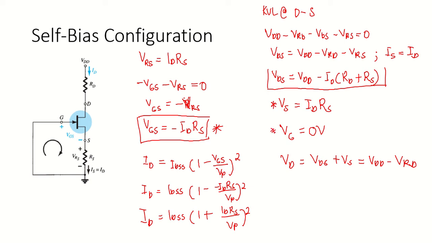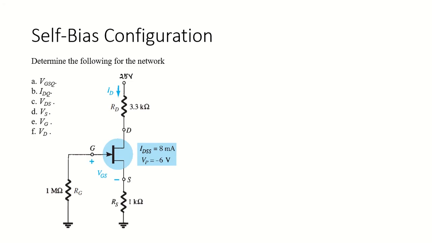So to further understand the self-bias configuration, let's take this example. We are to determine the following for the given network: the VGSQ, IDQ, VDS, VS, and the VD, using the mathematical approach.